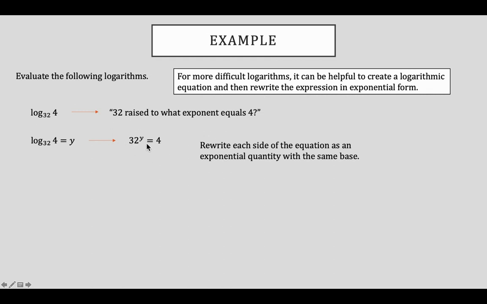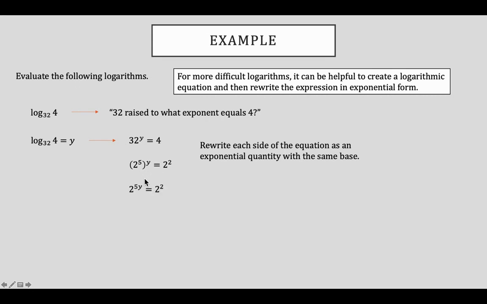Well, what common base can I rewrite each of these with? Each one can be written as a base of 2. All right, 2 to the 5th power is the same thing as 32, and 2 squared is the same thing as 4. So I have 2 to the 5th raised to the y is equal to 2 squared. Remember that powers raised to powers, you multiply them.